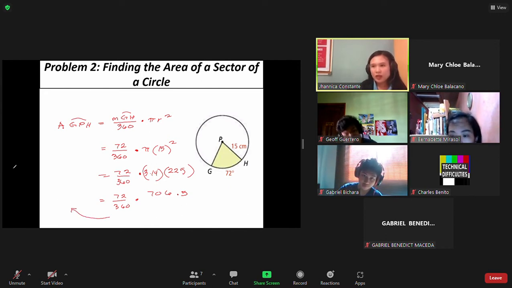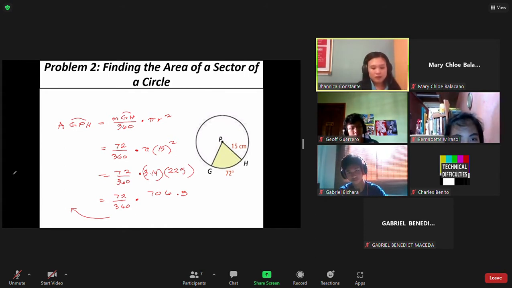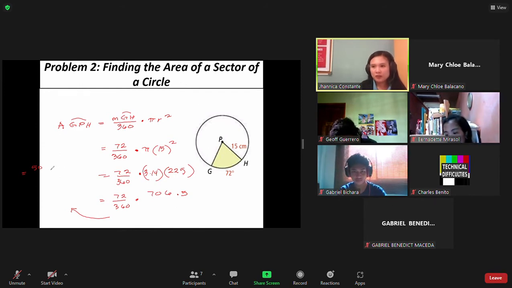So the area of our sector, divided by 360, is equal to 141.3.